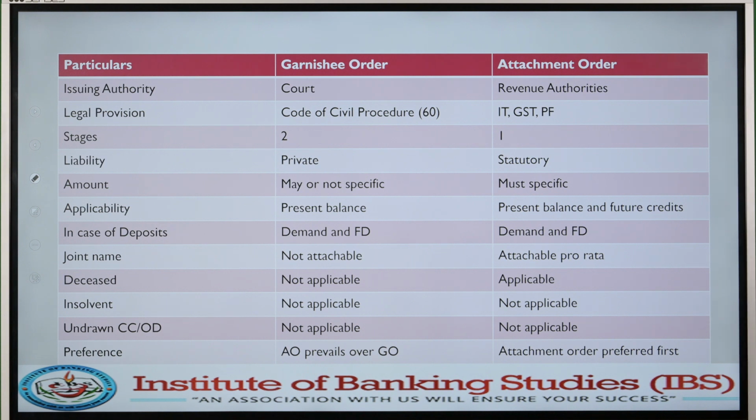Regarding amount, in a garnishee order it may or may not be specified, but an attachment order will always specify the amount of attachment. As for applicability, a garnishee order applies to the present balance outstanding in the account. Future credits will not be covered under a garnishee order, whereas in an attachment order, the present balance as well as future credits can be attached.